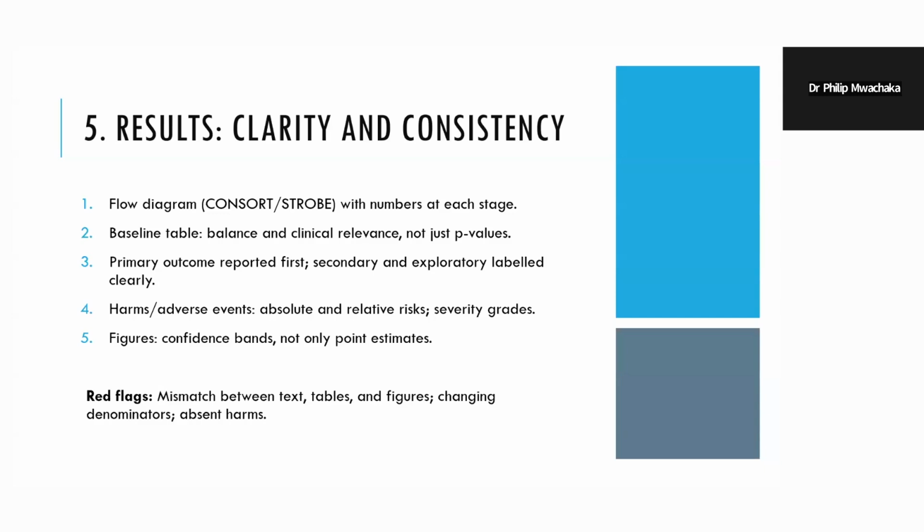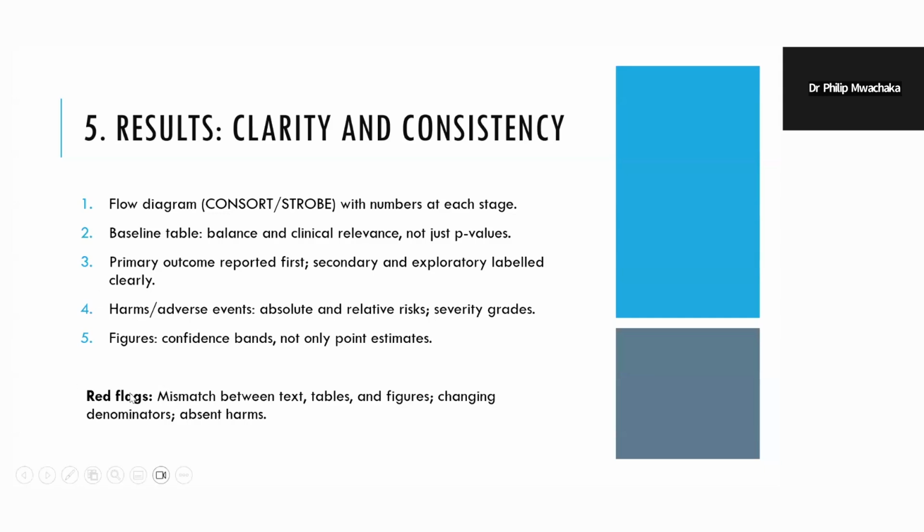So if the primary outcome was overall survival, or reduction in pain score, or reduction in blood pressure, that has to be the first thing reported in the results after the flow diagram and the baseline table. The baseline table basically contains demographic factors. So that primary outcome should be reported first, then the other outcomes.